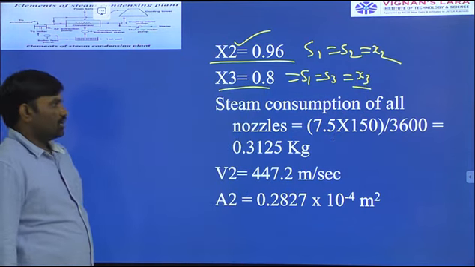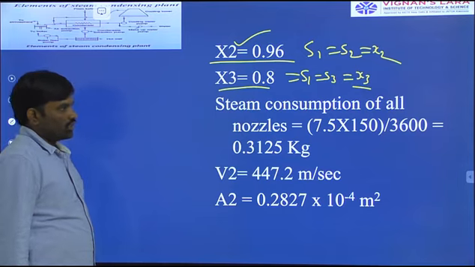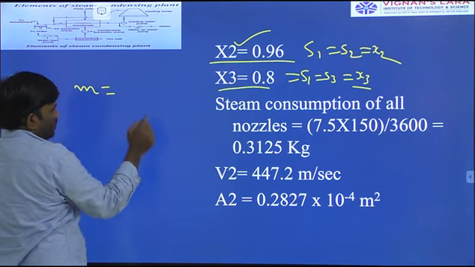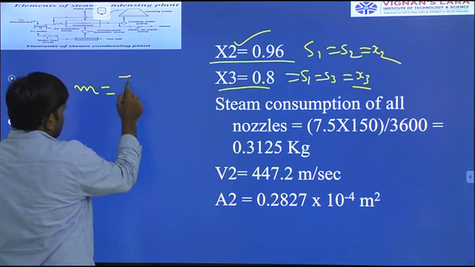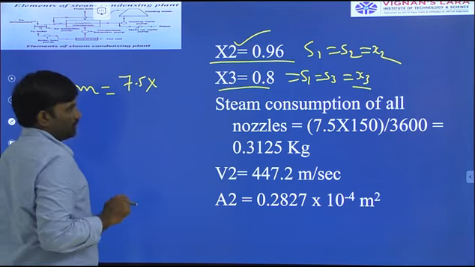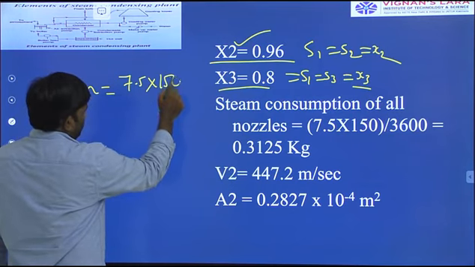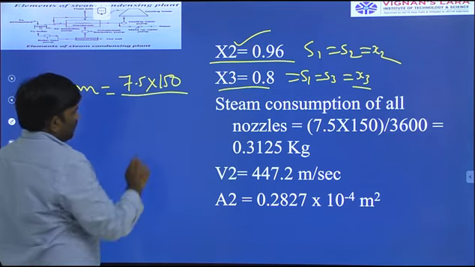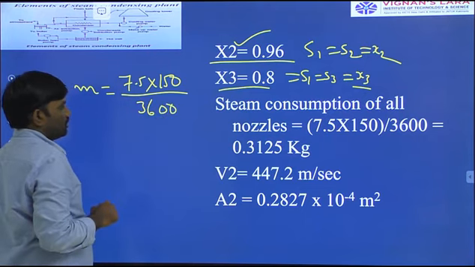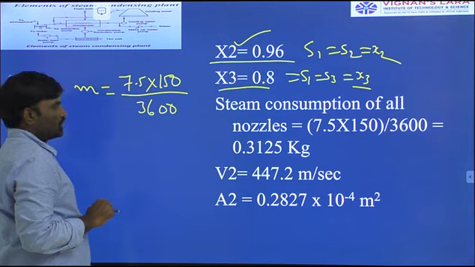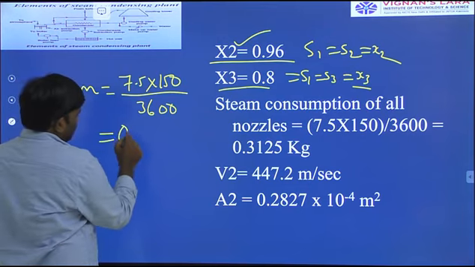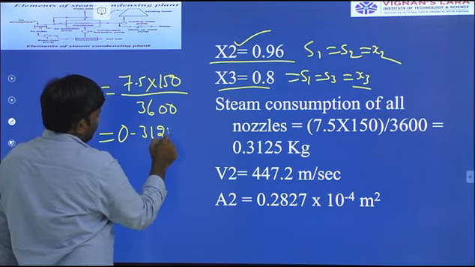Steam consumption of all nozzles is given by the mass balance equation. Steam consumption is 7.5 kilogram per kilowatt hour, consumed for producing 150 kilowatt power. To convert this into seconds, you divide by 3600, and you get 0.3125 kilogram per second.